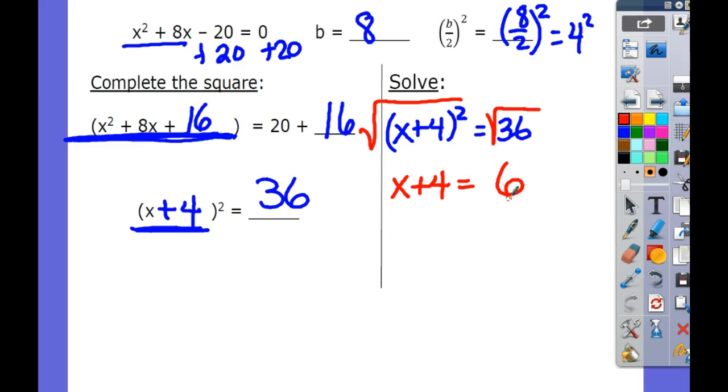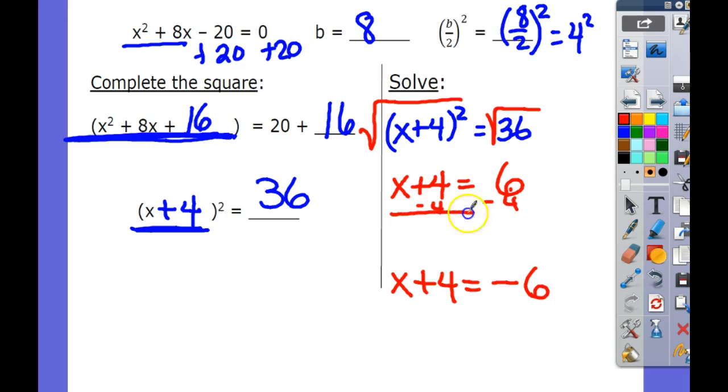But I'm supposed to have two answers. Where does the other answer come from? Well, the square root can also equal negative 6. The square root equals positive 6, and it also equals negative 6, because negative 6 times negative 6 also equals 36.